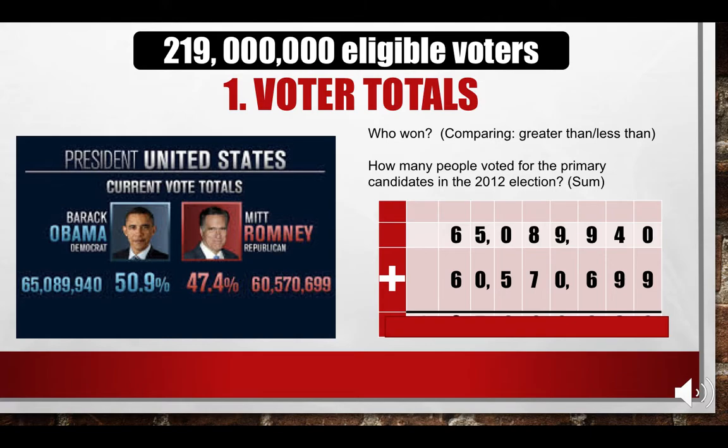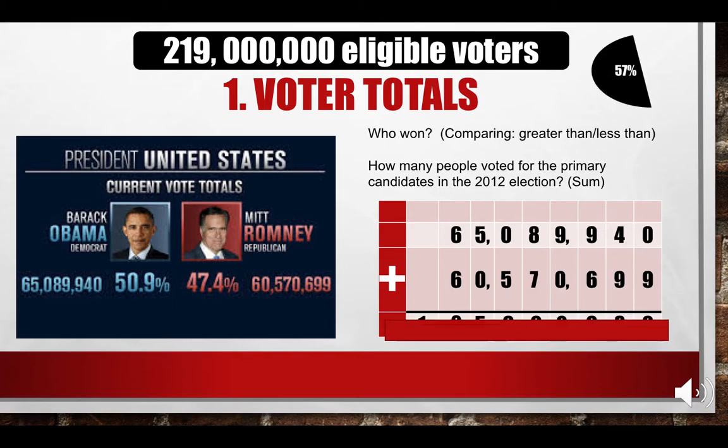Teachers, I want you to press pause in just a moment so that students can total up the sum of the voter totals. Press pause in 3, 2, 1. Okay, you're back, and I'm hoping that you got the same answer as I did, which was 125,660,639.